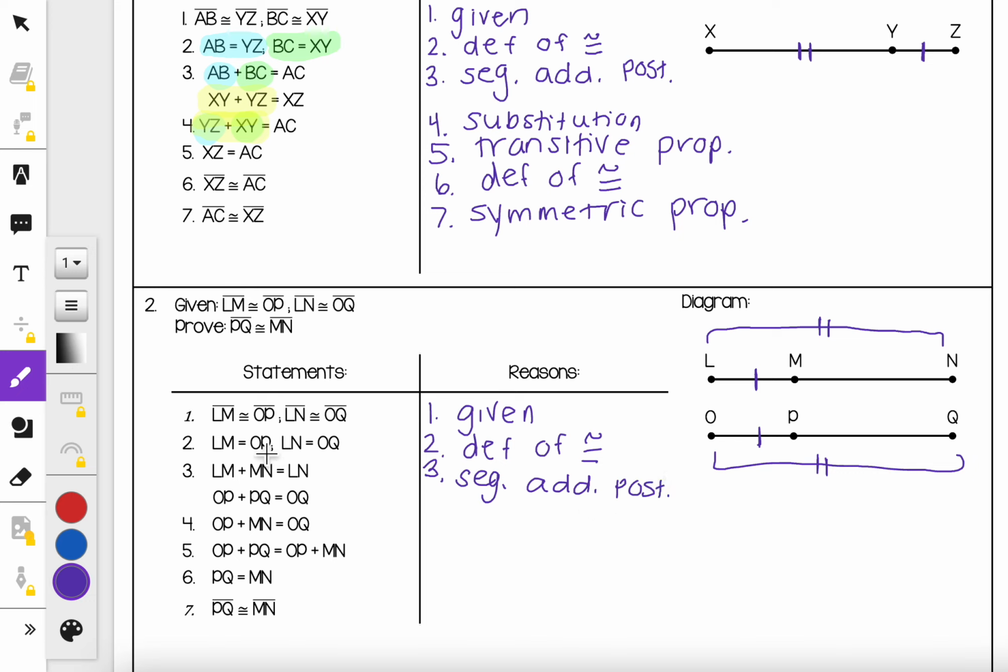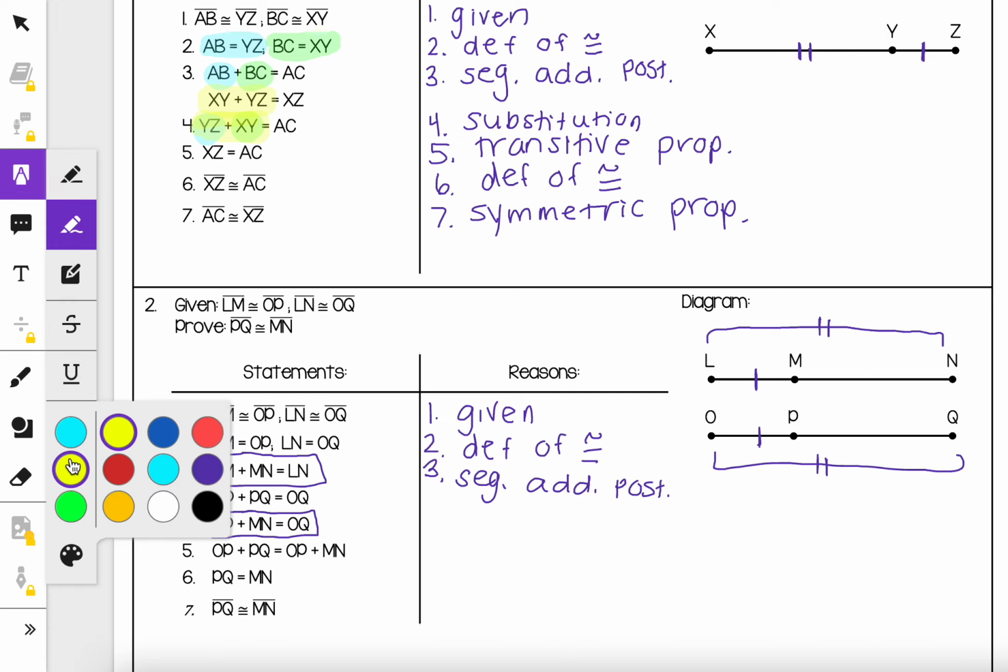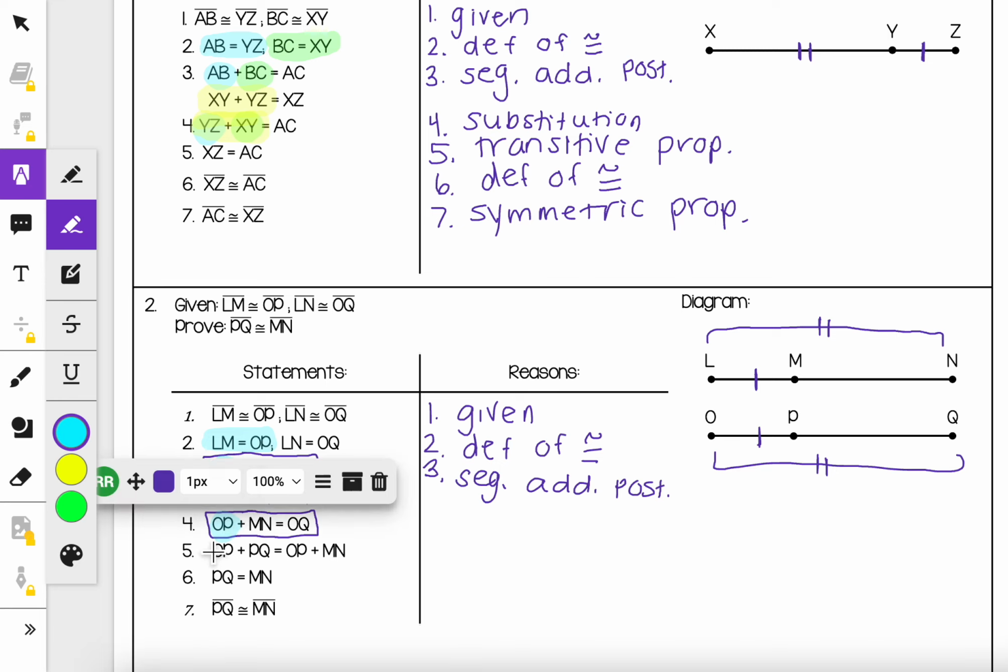Okay, now I'm going to take that first equation, and I'm going to try to use some substitution here, okay? So LM equals OP. Looking at this first statement, LM, I'm going to substitute OP for LM because I know that those are equal. All right, the next piece is MN.